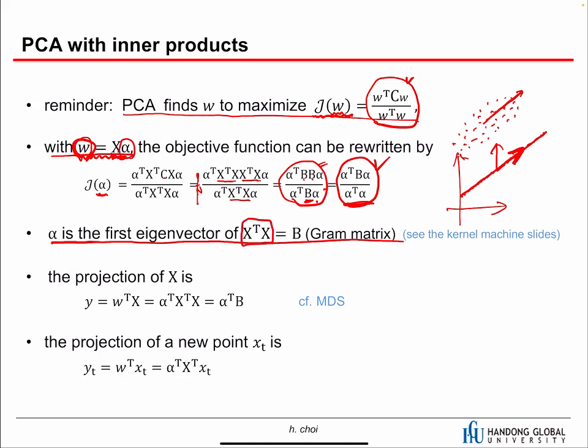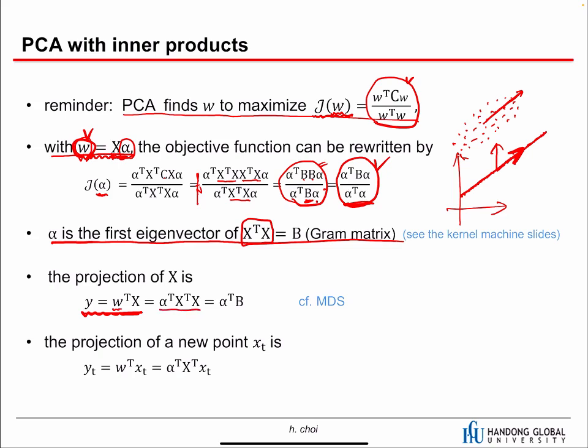Okay, we'll talk about this gram matrix later in the kernel machine slides. Okay, now the projection of X is this. If we have the eigenvector of the covariance matrix, then it will be W. So Y will be W transpose X. This is conventional PCA. Okay, then W is actually X times alpha.